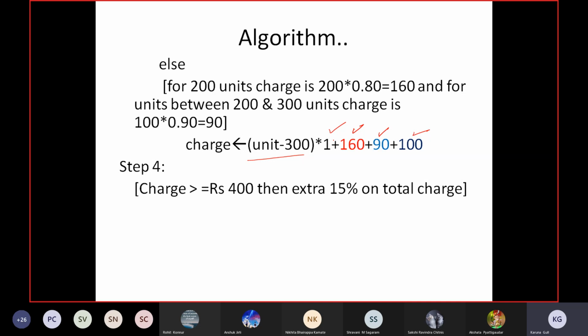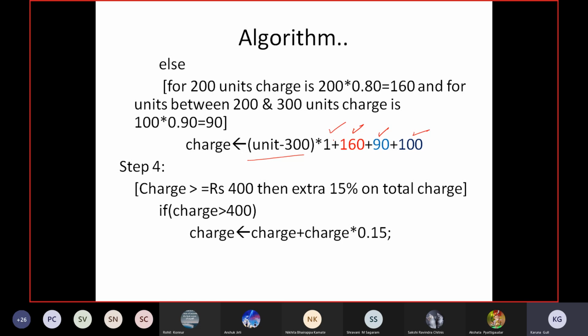If you want to take beyond 400 rupees, you write it as greater than only. So if charge is greater than or equal to 400 rupees, then 15% extra you have to pay on the total charges. How do I write? If charge greater than 400 rupees, charge plus charge into 15 divided by 100, which is 0.15.